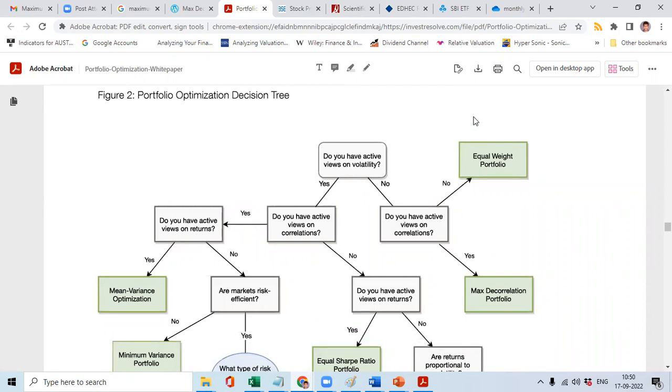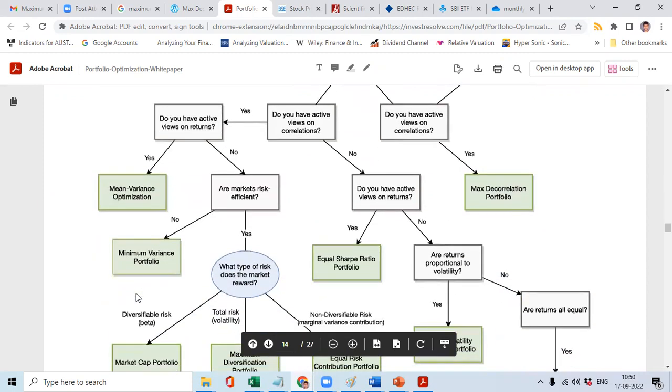Basically, any of this optimization is just a decision making at the start of the year. I mean, if you are doing a yearly rebalancing, you have the historical data, and then you need to have a view on either returns or the volatility. If you have a view on the returns, then go in this decision format, which is mean variance. And then again, you have a view on volatility or correlation. So these are the various optimization techniques.